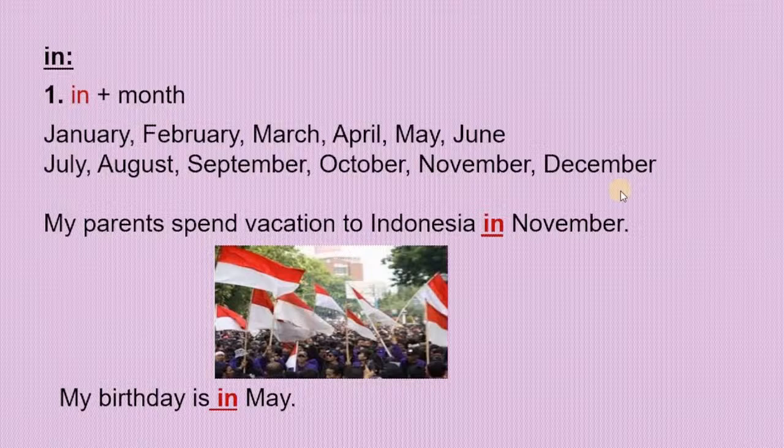So, when we want to say that something occurs or happens in a month, for example, my parents spent vacation to Indonesia in November. My birthday is in May. So when we talk about a month, we always use preposition in.